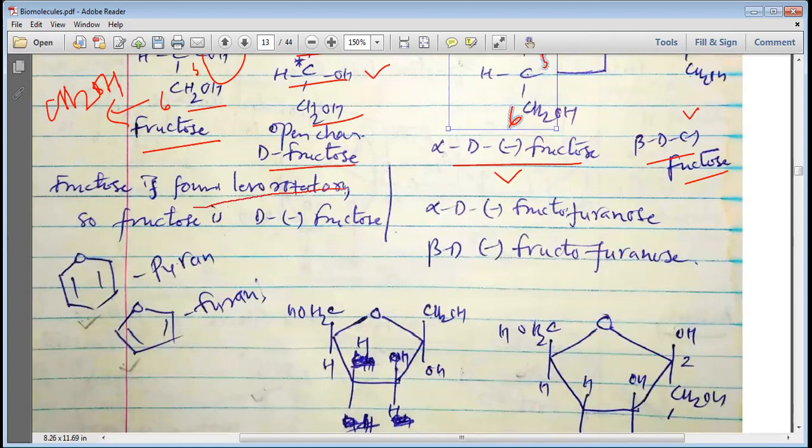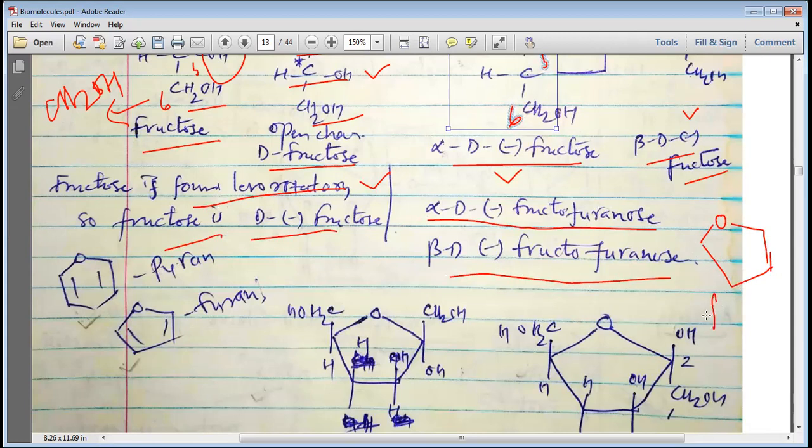Fructose has a levo-rotation, and that is why fructose is called D-minus-fructose. Now in fructose we have the 5-membered ring, and this kind of ring is known as furanose.